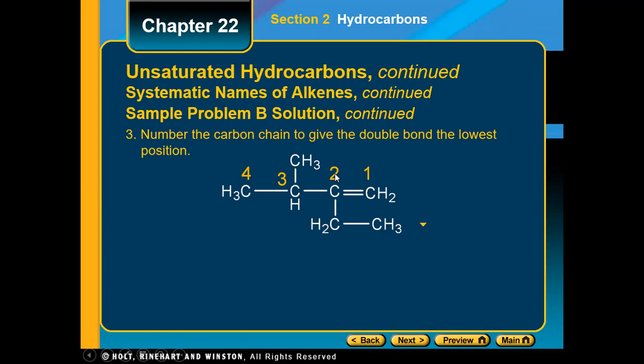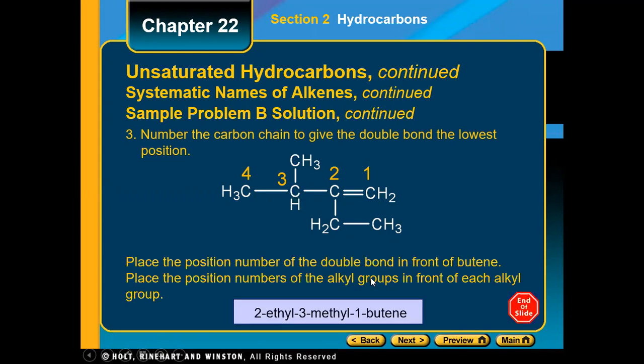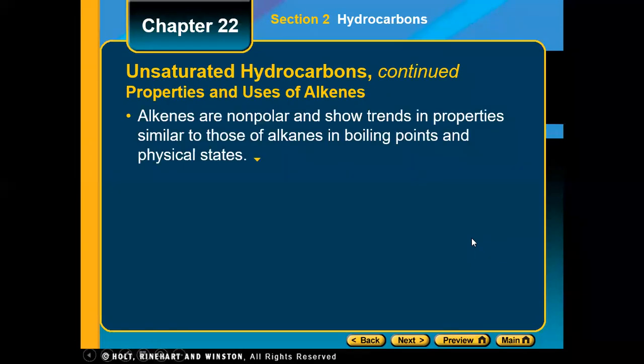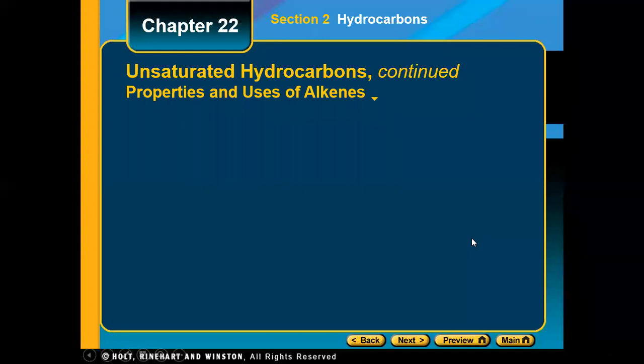So you're going to have 2-ethyl, 3-methyl, 1-butene. Again, remember that between the methyl and the ethyl, you will always start with the ethyl because you respect the alphabetical order. Okay? Any questions before we move on?